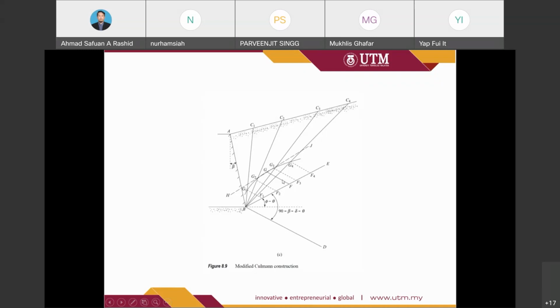So first we need to construct the actual problem on graph paper or grid line paper. So this is the retaining structure, and then it has a beta of certain value. Then this is the backfill.